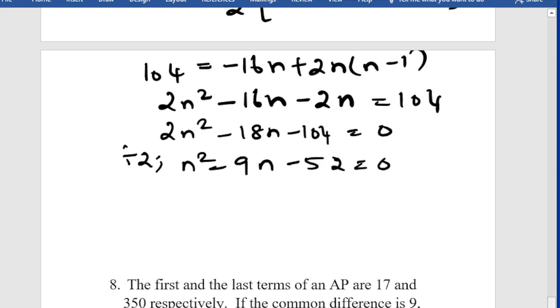Now solving this, minus 52, we need factors whose difference becomes minus 9.